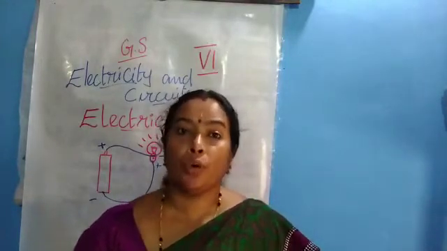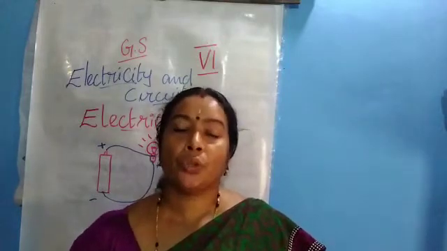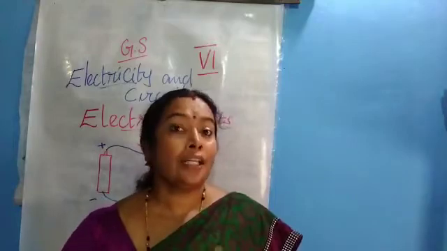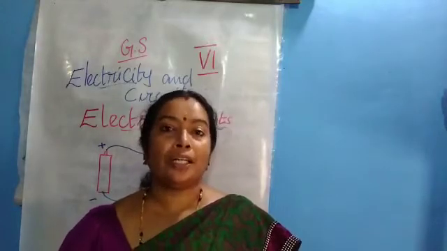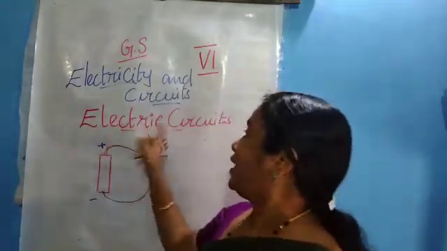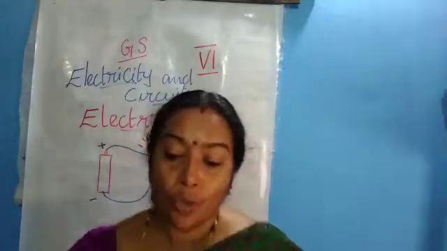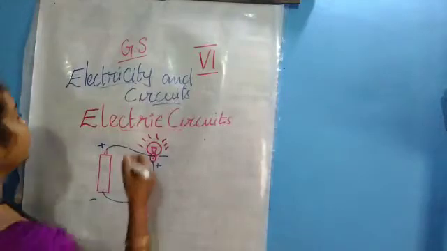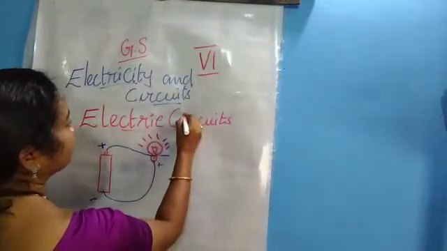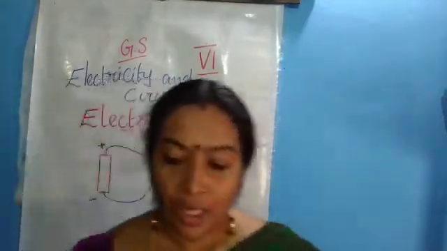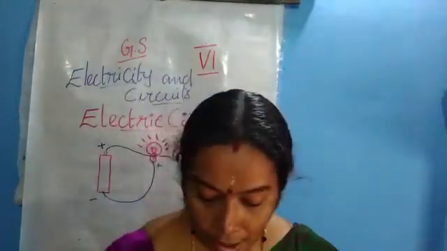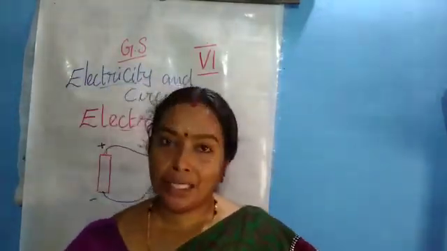Today we are going to do some activities, through which we will understand the next topic, the electric circuit. What is an electric circuit? See in your textbook, page number 118.